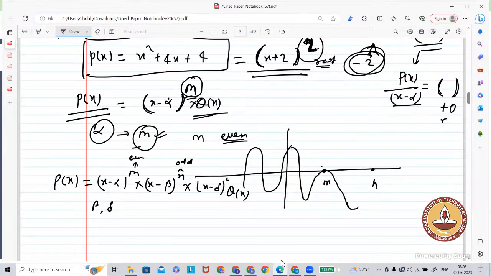In that case, how will it perform? It will look like this. It will pass here. It will be like this. It will cross, not exactly in linear form. It is kind of like this. It will cross. And delta is another root which has multiplicity 1.